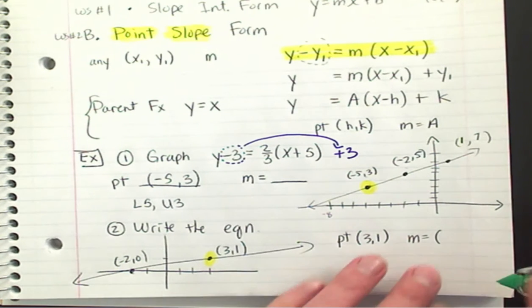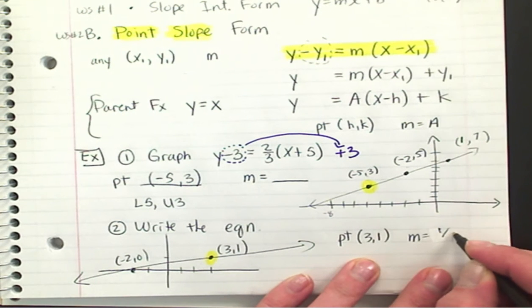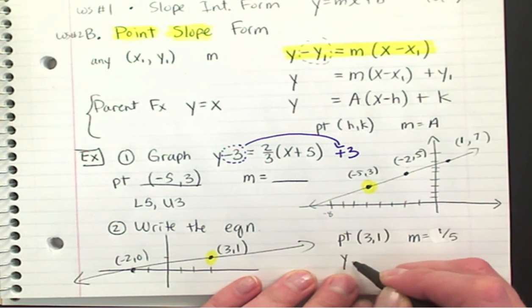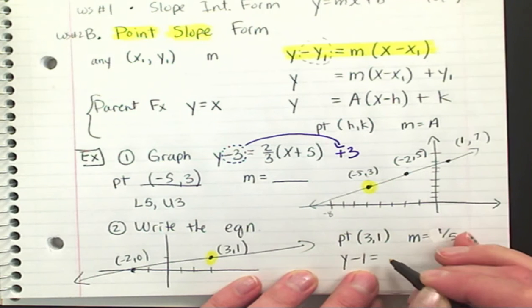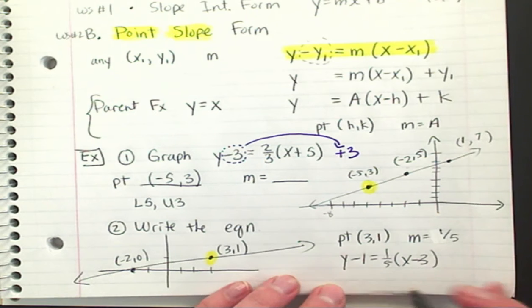Okay? Doesn't matter whether you're graphing or writing, you still need those two things. y minus y1, slope, x minus x1.